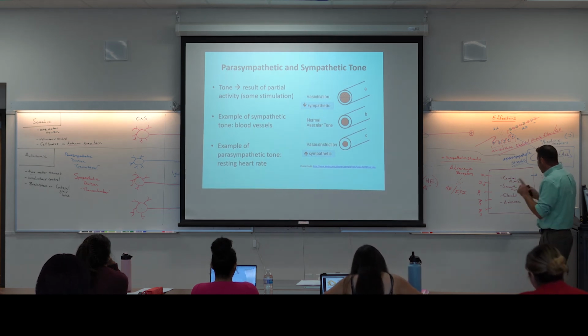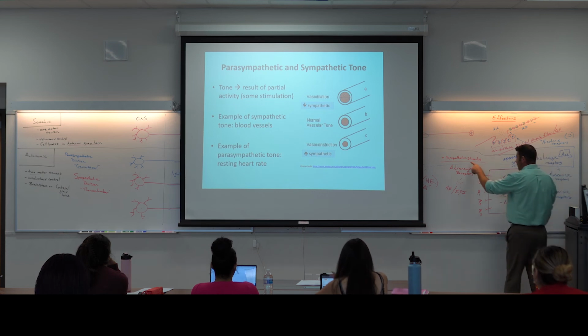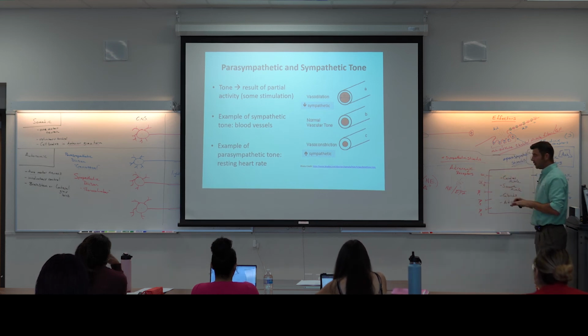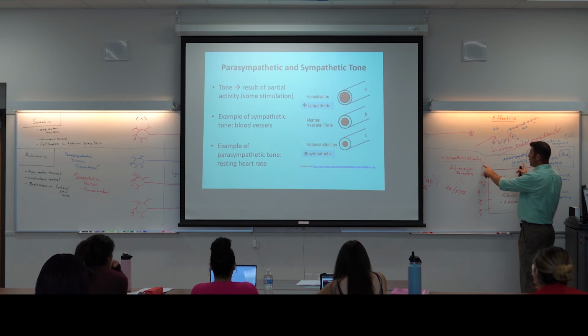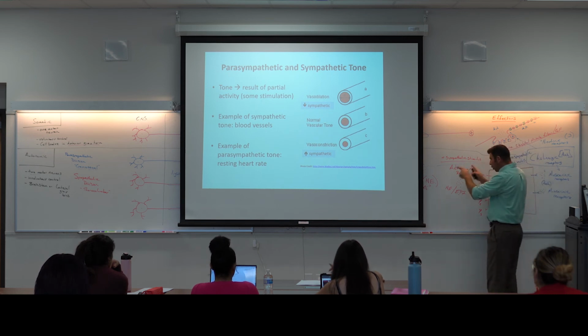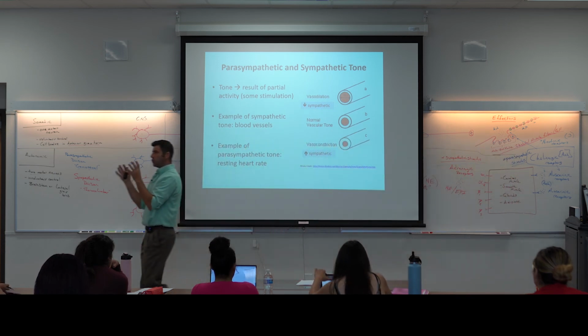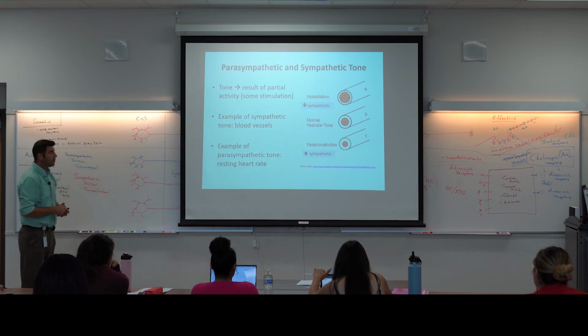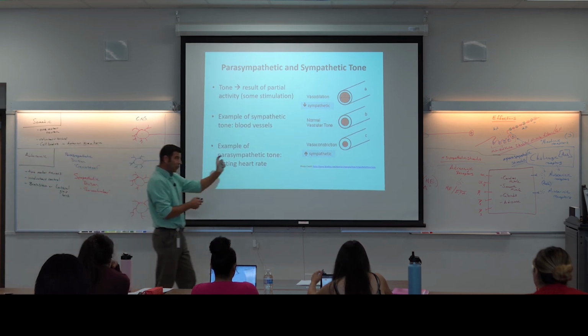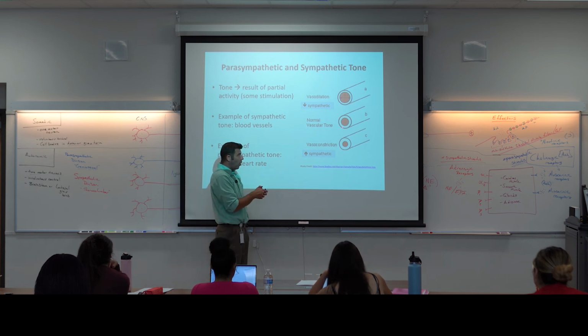Now, since we're about to start to compare sympathetic and parasympathetic signals, I thought I would throw one little noteworthy thing out there. If we're thinking about sympathetic versus parasympathetic, one thing that we can give solely to the sympathetic division is control of whether your blood vessels constrict or dilate. So this is a picture of a normal blood vessel. You can see there is a slight contraction to the wall of this blood vessel.